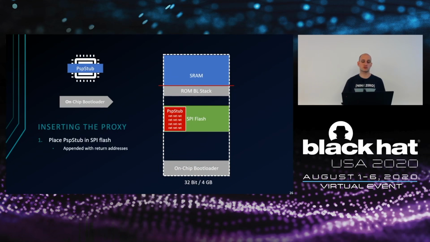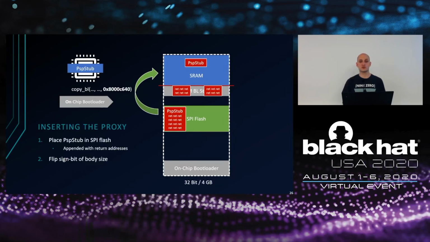These addresses point to the beginning of our stub. Then we flip the sign bit of the body size, and the resulting copy operation will happily copy over the whole SRAM. And the data which is copied is our data which we put into the SPI flash.